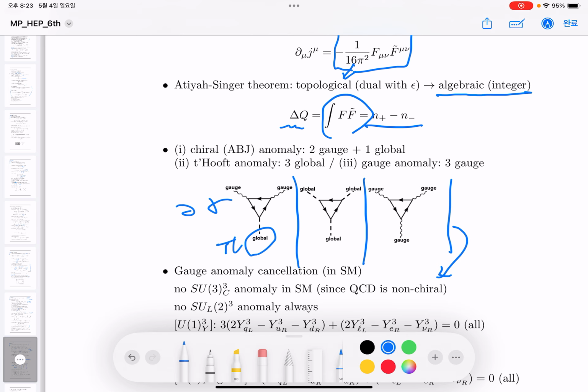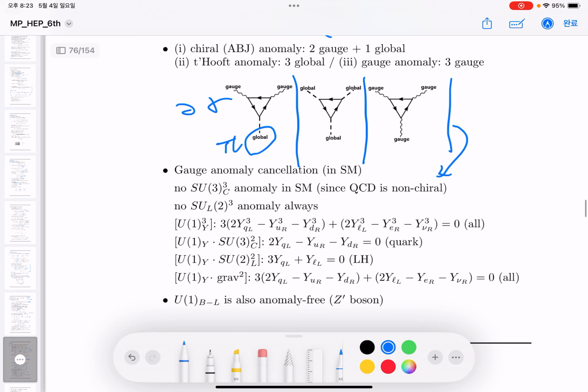For the gauge anomaly, it should always be cancelled in the standard model, and to cancel the gauge anomaly, the SU(3) and U(1) charges in the standard model, and the charges of the quark, lepton, and Higgs fields should satisfy some specific relations. So, for example, for the U(1) charge, all the fermions are relevant, but for SU(3) the quarks or for SU(2) the left-handed ones are relevant, and gravity is also relevant, and the standard model charges satisfy such gauge anomaly cancellation.